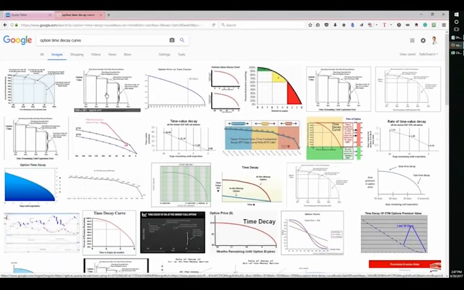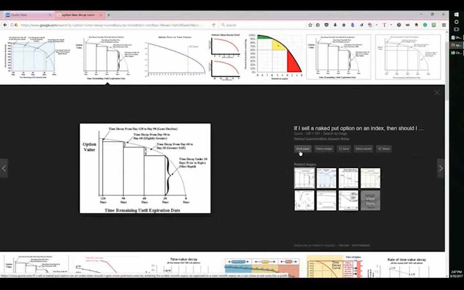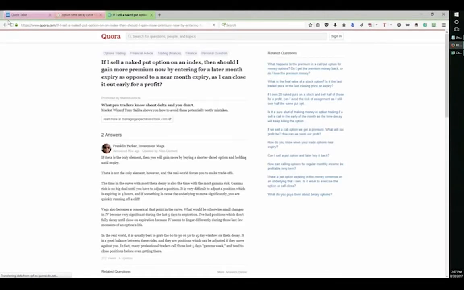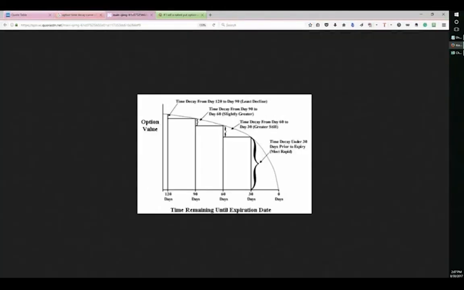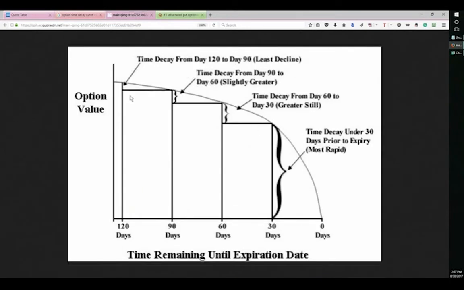I like to look at pictures. And pick one of these images. They're all about the same. And you'll notice that what this is telling us is that the premium, the extrinsic value, goes down exponentially.